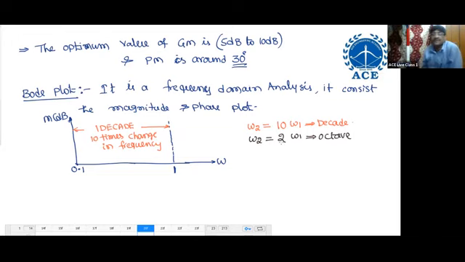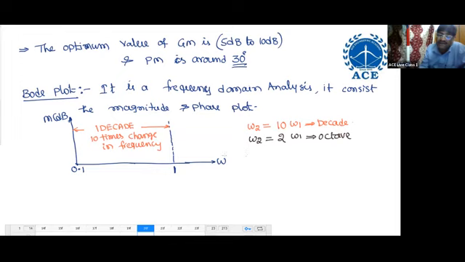Why? Because for double the frequency of a voice signal, the change in angle is 8 degrees. That's why they put the word octave. Whatever it is, remember.